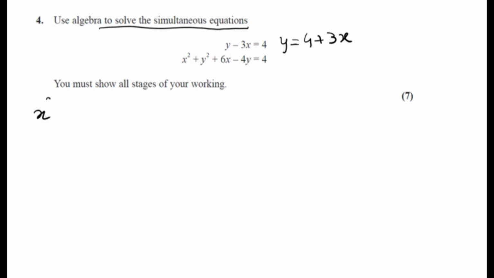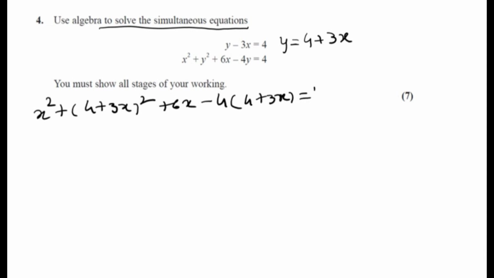So it becomes x squared plus (4 plus 3x) whole squared plus 6x minus 4, substituting y, which is 4 plus 3x, is equal to 4. Simplify it. X squared plus, this is (4 plus 3x) squared, which means (4 plus 3x) into (4 plus 3x).